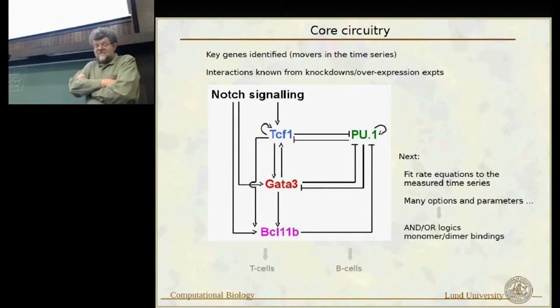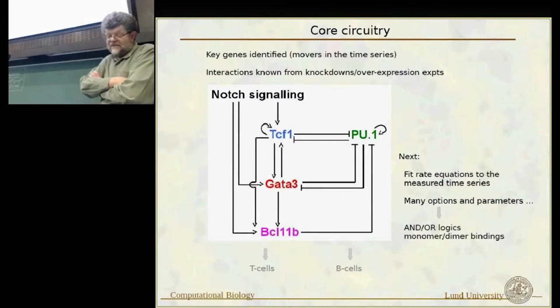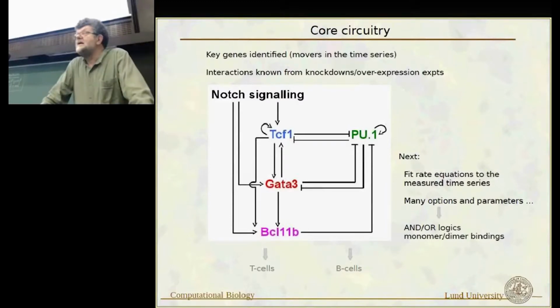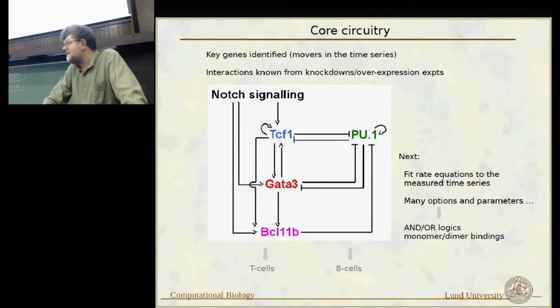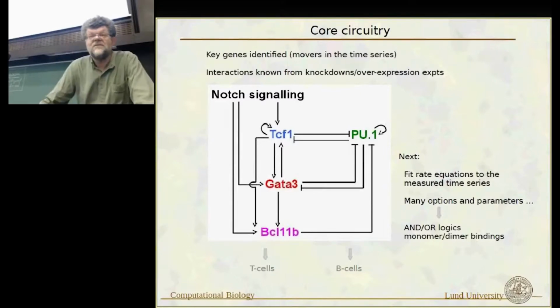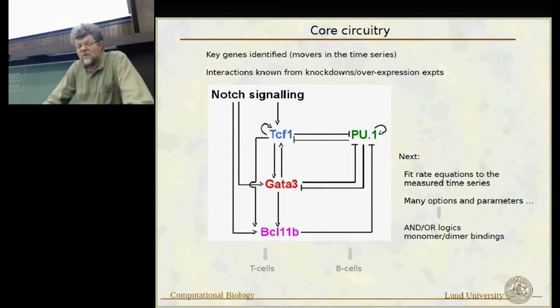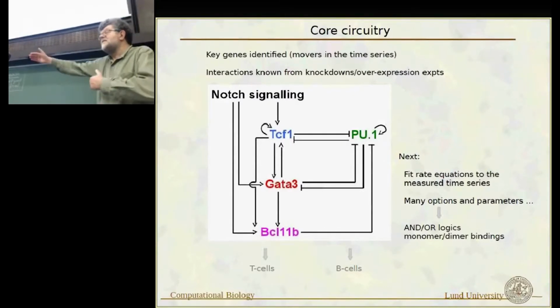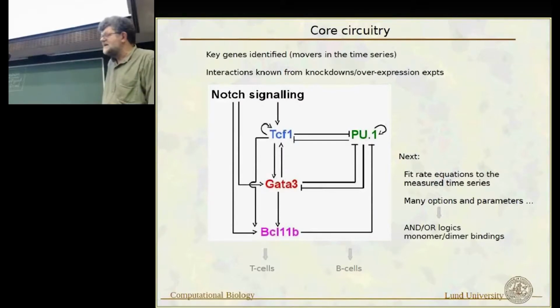I have my rate equations derived, as I said, but this is not going to be a picnic. I mean, come on, I didn't have that many time points because I didn't have a real time series. What I can say is that during this interval, if I look at all the other genes, they're pretty much flat.